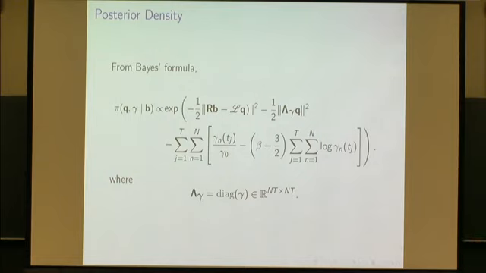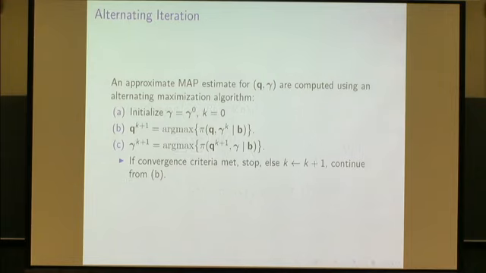So now we do a simple iterative algorithm to find a MAP estimate for q and gamma. So what we do, we initialize gamma to be a constant at the beginning, and then we are updating our q assuming that gamma would be known. And you see this is a purely Gaussian distribution that we are looking at. So this is an Ax equals b problem here. And then once we have a candidate for q, then we are saying, well, let's update gamma.